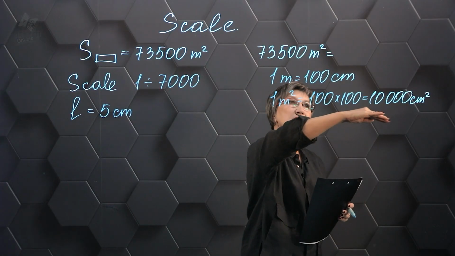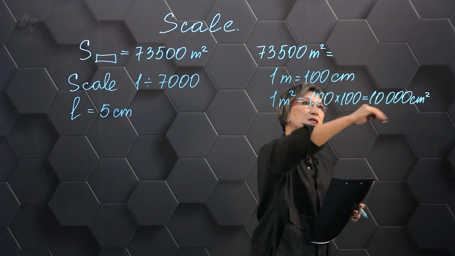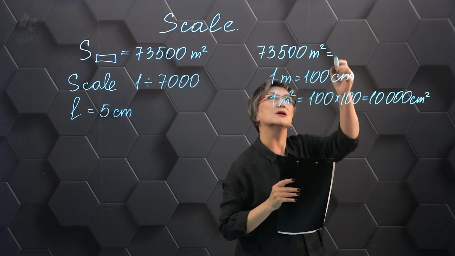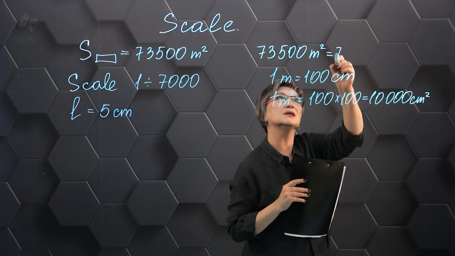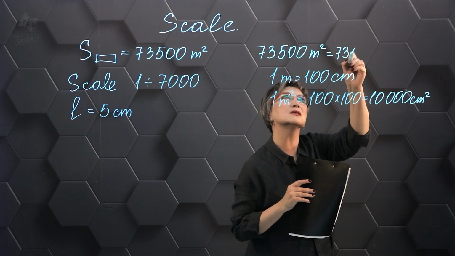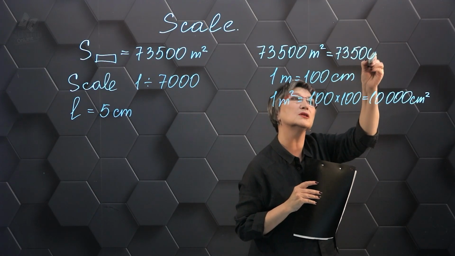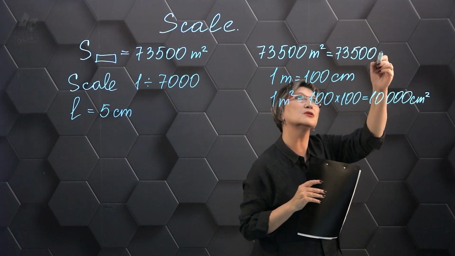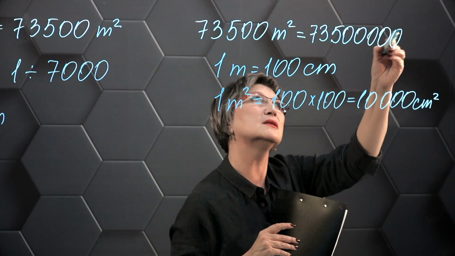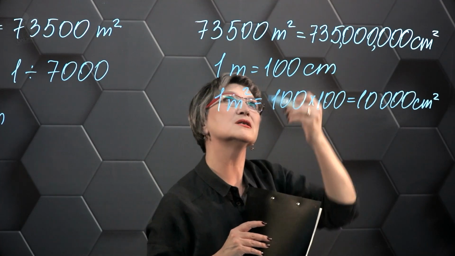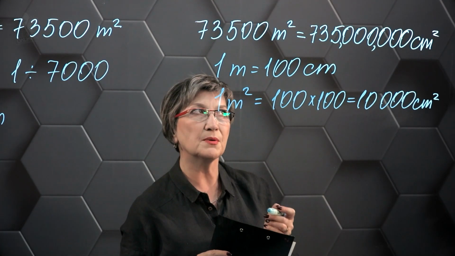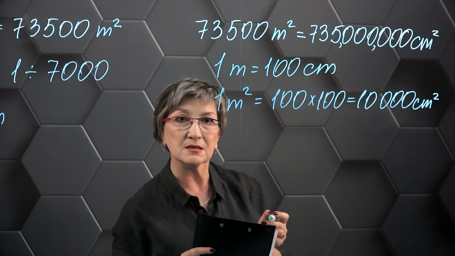Then if 1 square meter equals 10,000 square centimeters, then 73,500 square meters is 73,500, and add 4 zeros: 1, 2, 3, 4. The result is 735 million square centimeters.